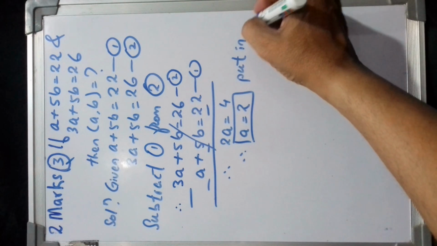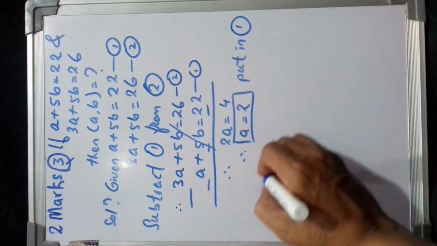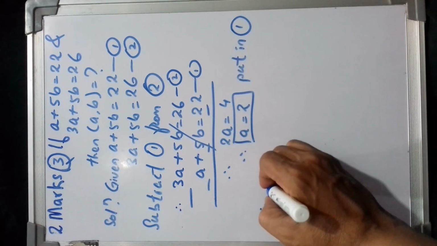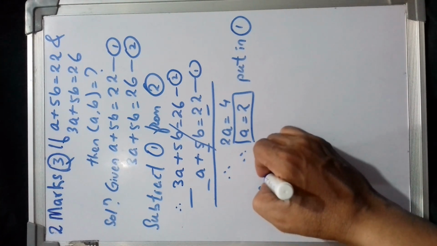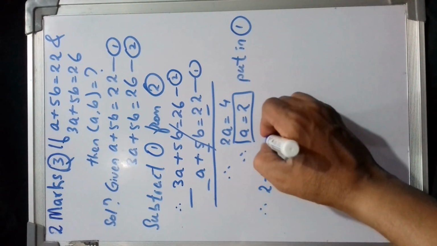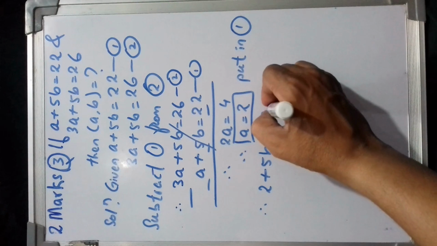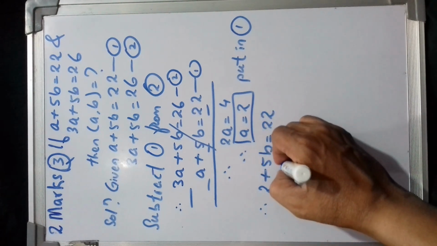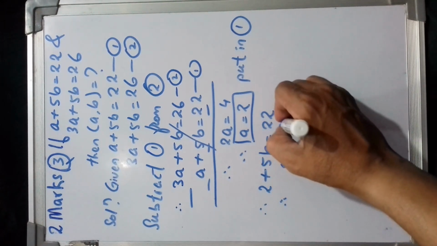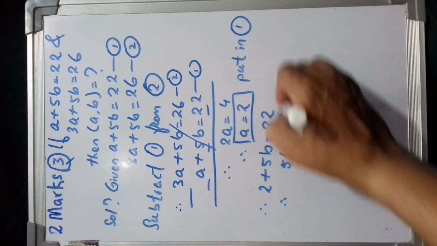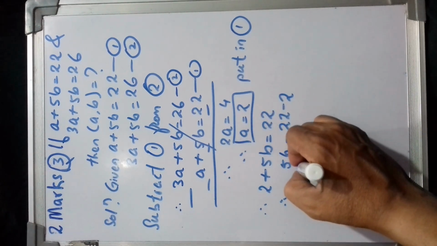The next question is to find the value of b here. The question is to find a comma b, that is the solution. So we put a is equal to 2 in equation number 1. So it becomes 2 plus 5b is equal to 22.